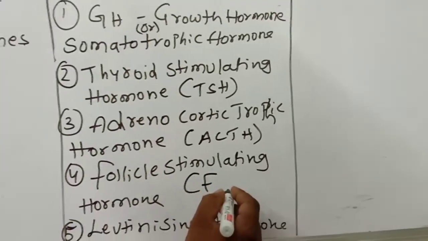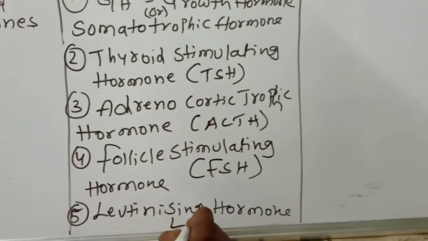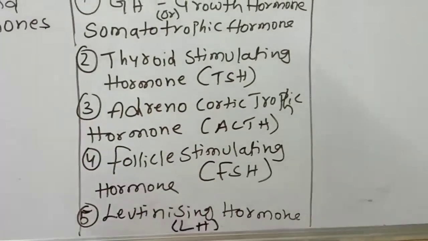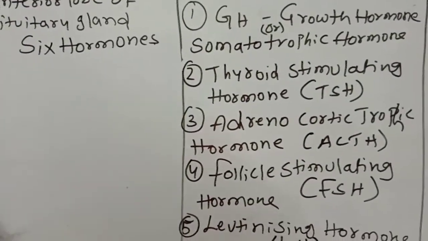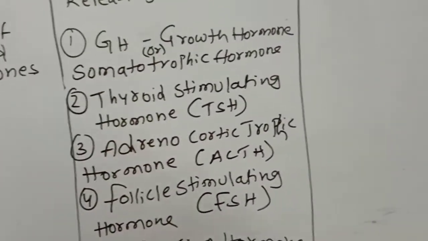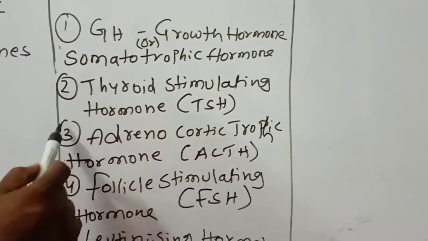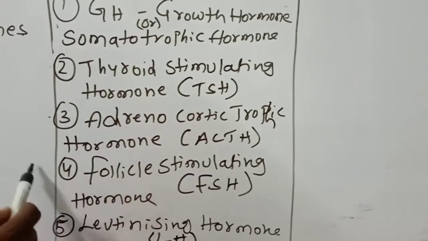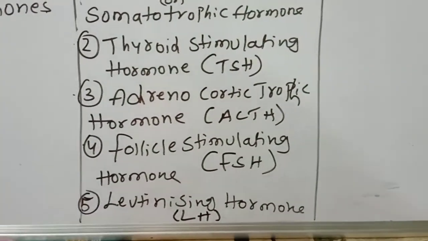This is LH. So we have growth hormone, thyroid stimulating hormone, adrenocorticotropic hormone, follicle stimulating hormone, and luteinizing hormone.